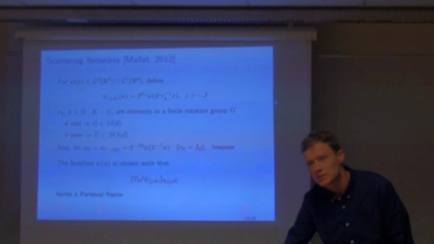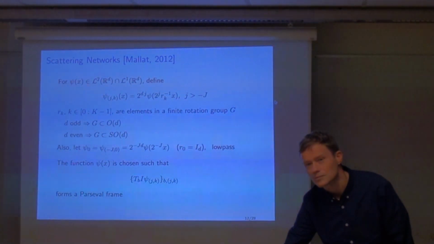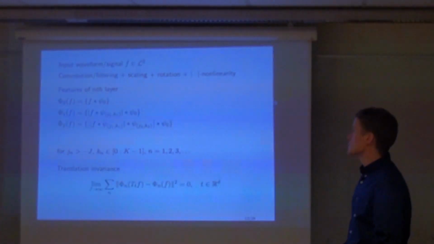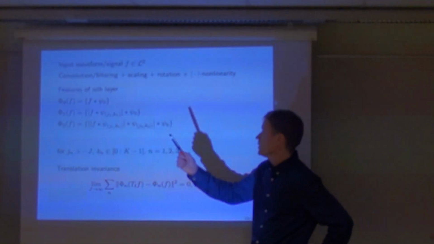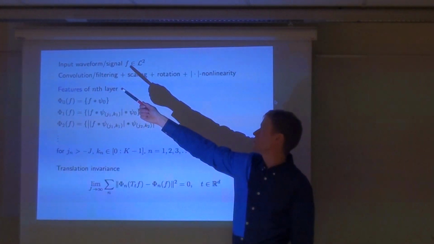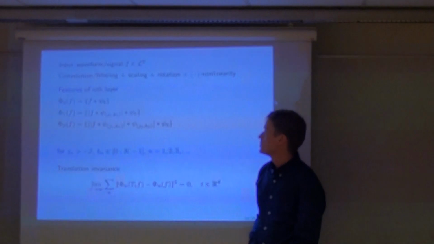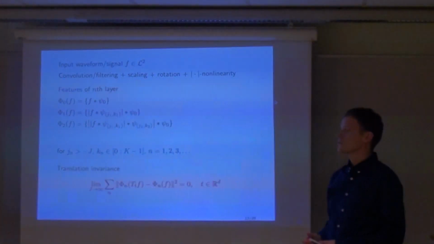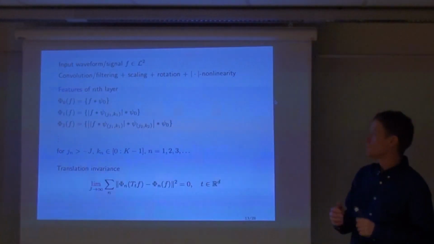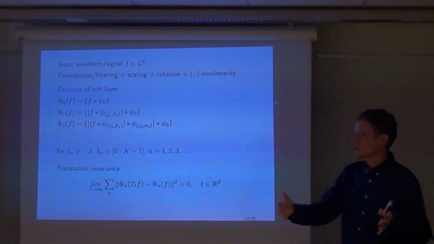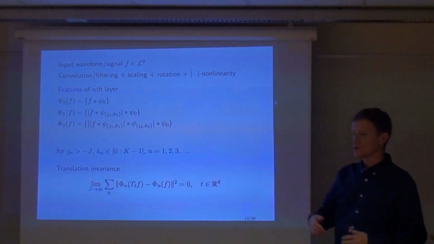Let's go on. So I'm still on the topic of scattering networks based on semi-discrete frames. So how do we use this? We have some input waveform or signal in L2. A scattering network is defined by filtering, scaling, rotation, and a nonlinearity.